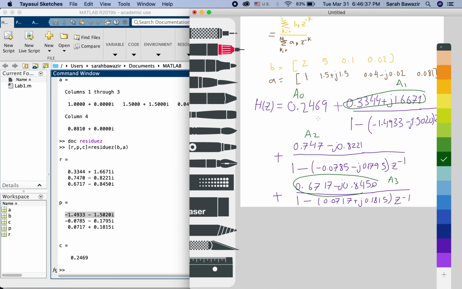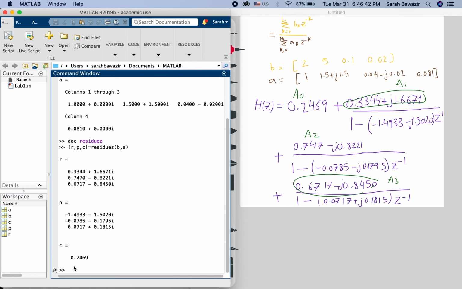What's next is we need to find what? The zeros and poles, the values of the zeros and poles. Obviously, you can see the poles here, but we use another function. Let me show you.